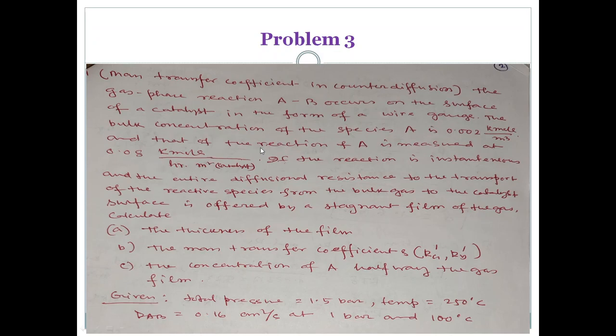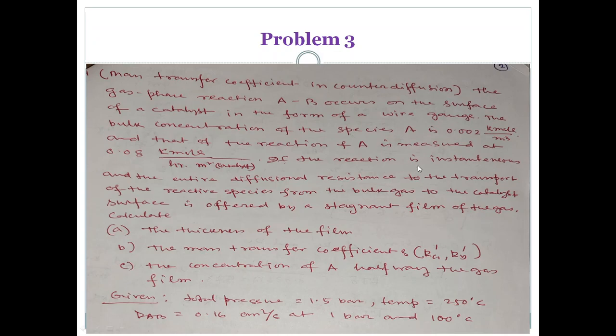Although they are telling this is the rate, this is actually the flux, kilomole per meter square, but in terms of hour instead of second. So the reaction rate is measured, but actually this is the flux.